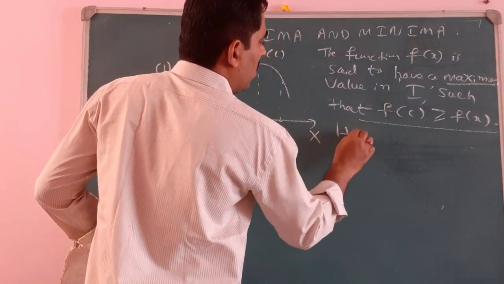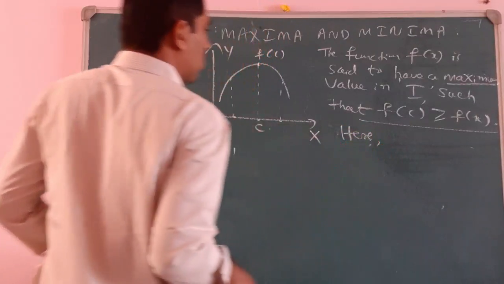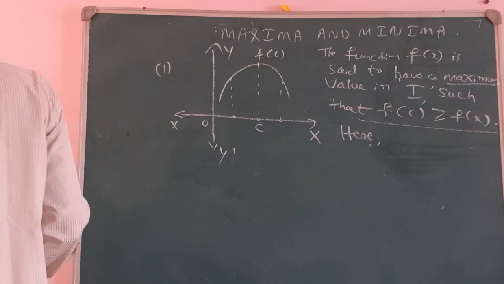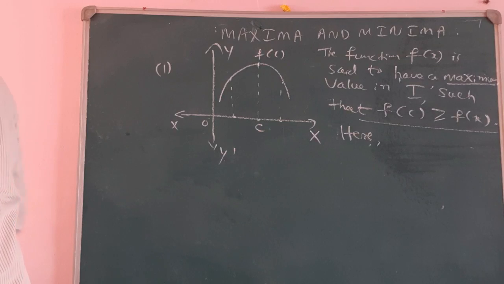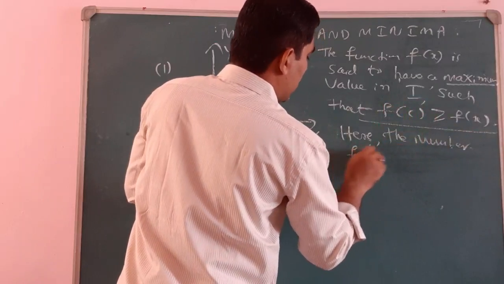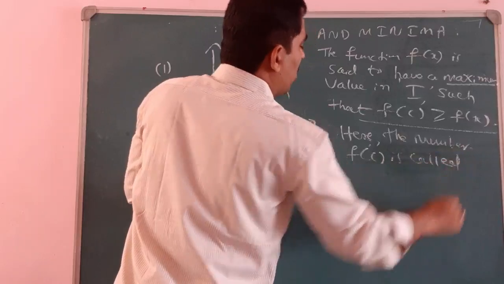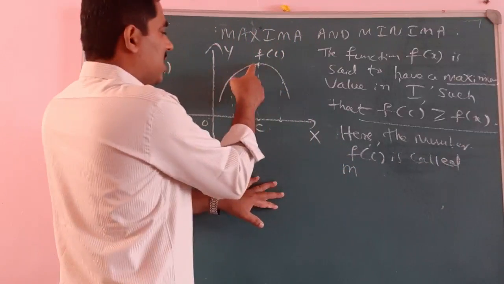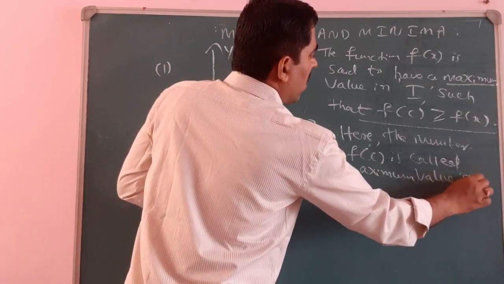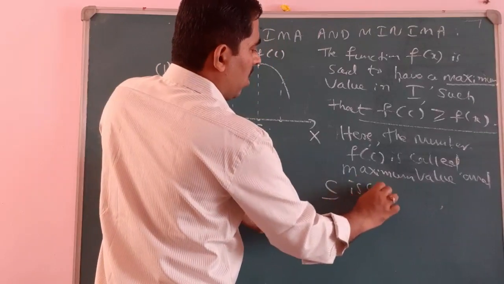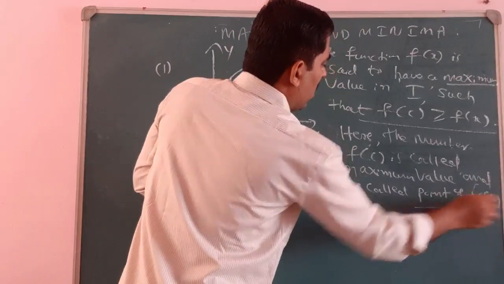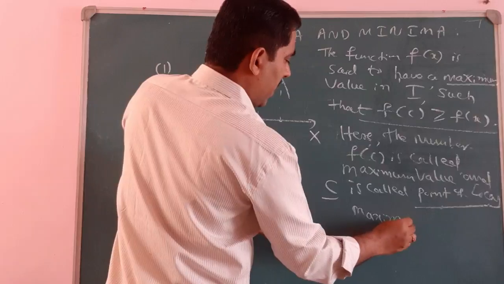So here f of C is greater than or equal to f of x. This number f of C, whatever answer we get, is called the maximum value of the function, and the point C is called the point of local maxima.